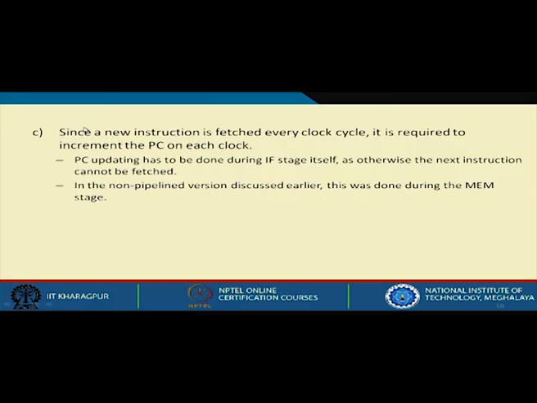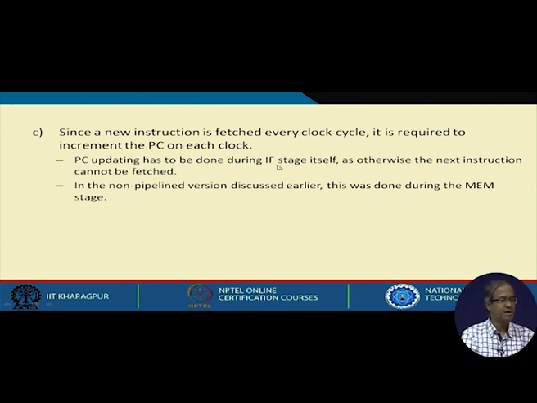So, at the end of every clock in IF itself, I have to increment my PC. If I do not do that, there will be trouble. So, PC updating has to be done during the IF stage itself, because if you do not do that, you cannot fetch the next instruction in the next clock. As I said, in the non-pipeline version, this was done in the MEM stage.